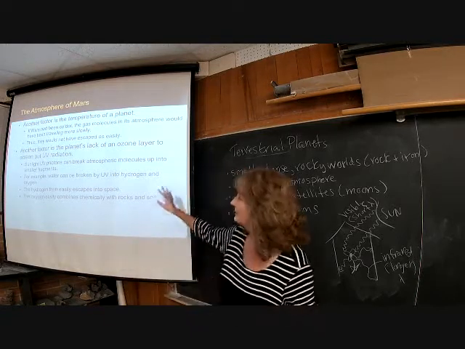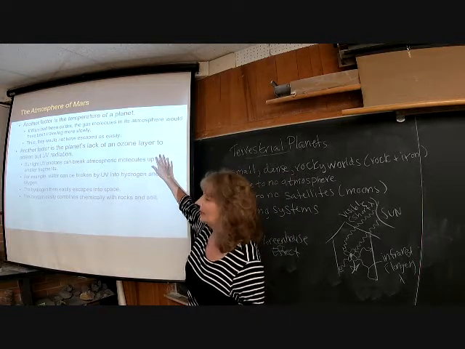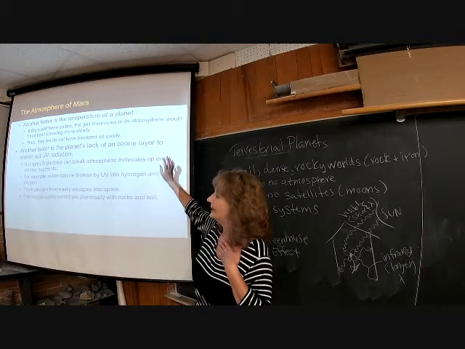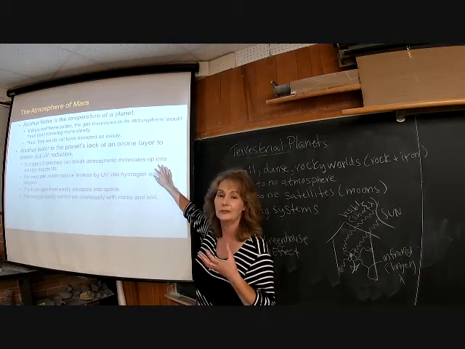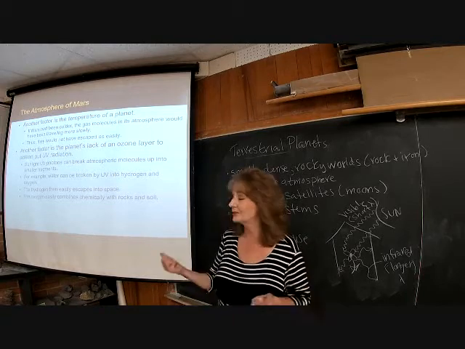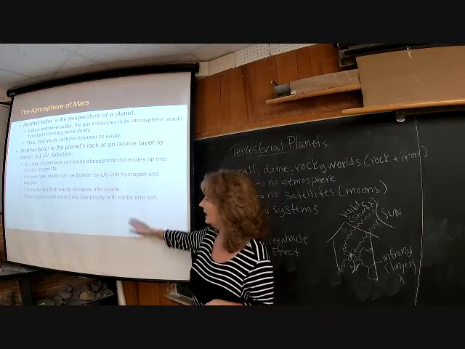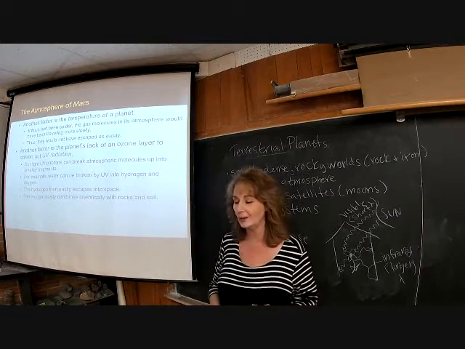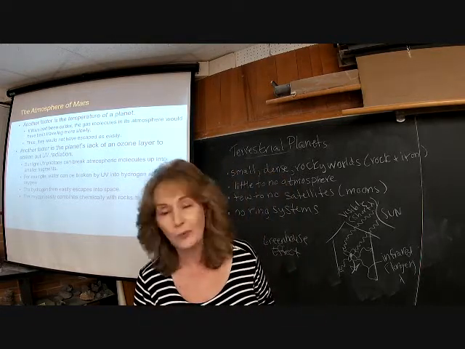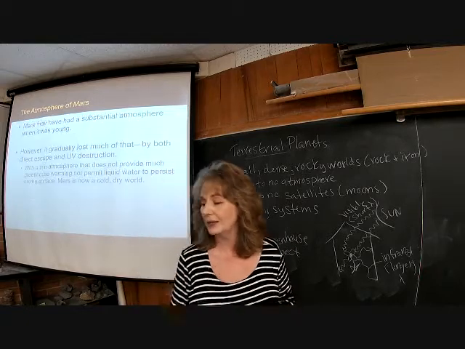The ozone layer, like I mentioned, our ozone layer protects us from UV radiation, right? But sunlight UV photons are going to break down any water molecule into hydrogen and oxygen. And the hydrogen is going to go off into space quite easily. And the oxygen can combine with the rocks and soils and create those.